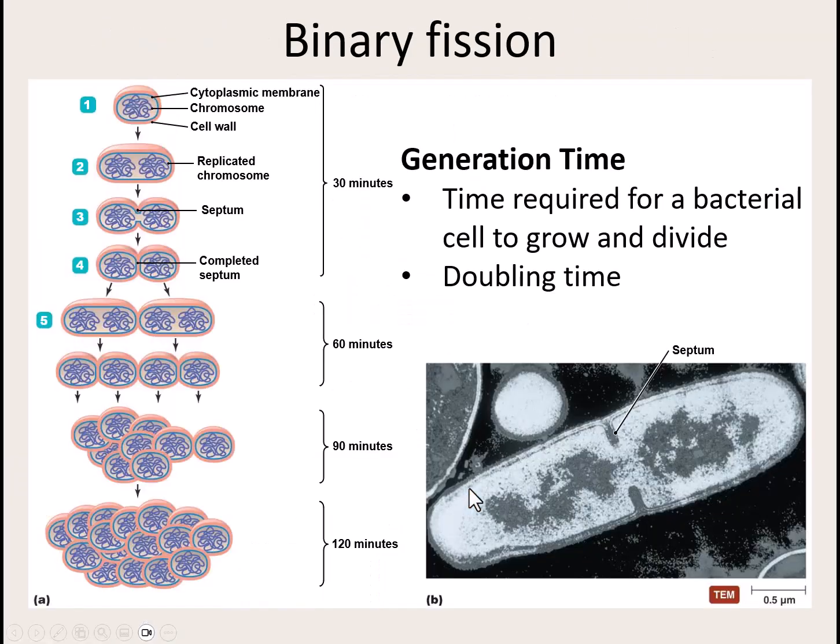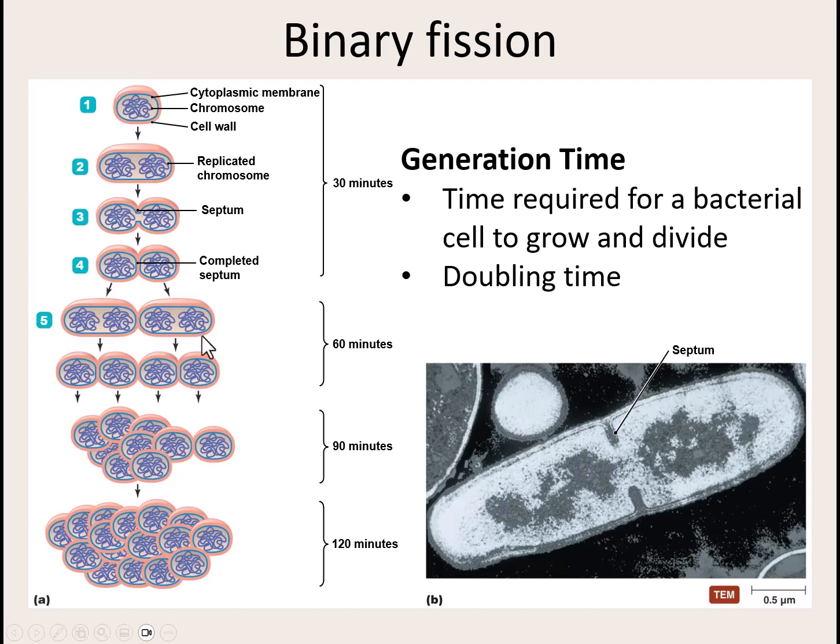So this is showing if this bacteria's generation time was 30 minutes, after 30 minutes, one bacterium is now 2. Well, if we give those 2 bacteria another 30 minutes, so now we're 60 minutes in, those 2 bacteria now become 4. After another 30 minutes, they become 8. After another 30 minutes, they become 16. After another, we just keep doubling.